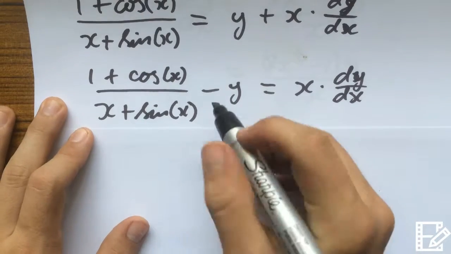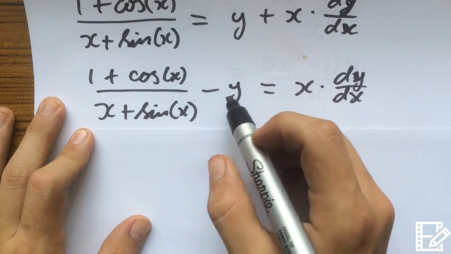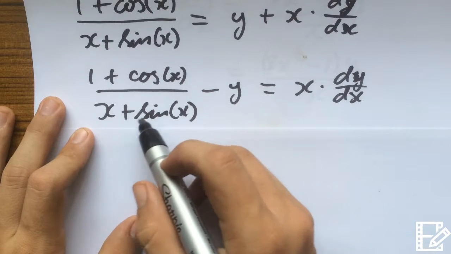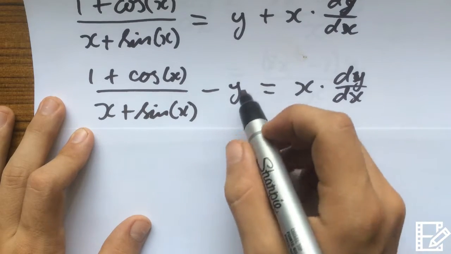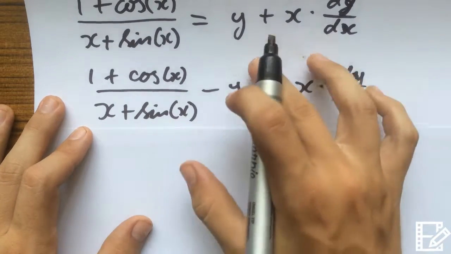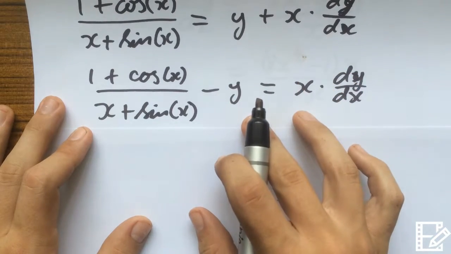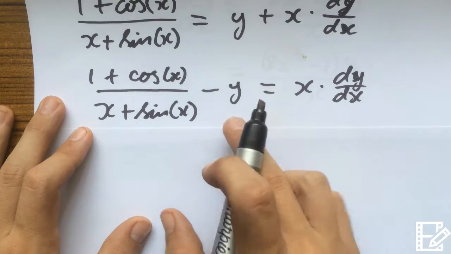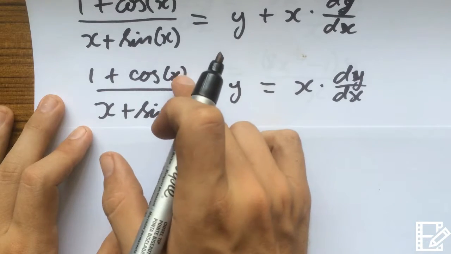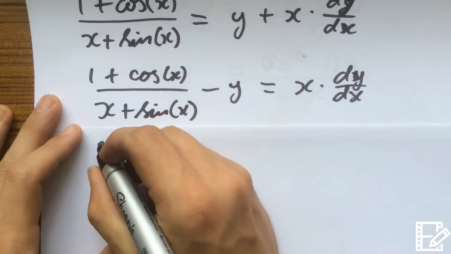Now to make this look neater, I'm going to multiply y by x plus sine x divided by x plus sine x. They essentially cancel each other out, but it'll allow me to put y on top of this fraction. I'll show you what I mean in a minute.